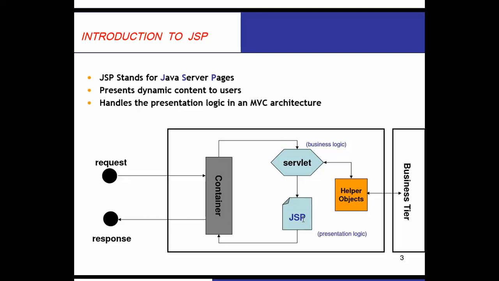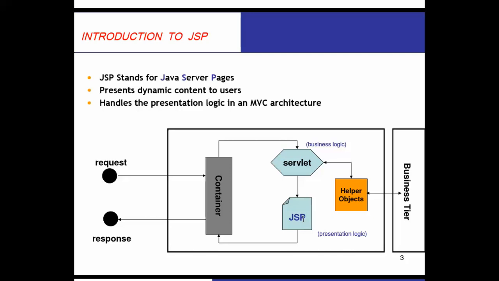So that is why it is called Java Server Pages. So this JSP will have HTML tags, and also it will have Java code in it. The Java code is related to the server. From the server it will be fetching this information. So that is about JSPs. JSPs mainly handle the presentation logic.